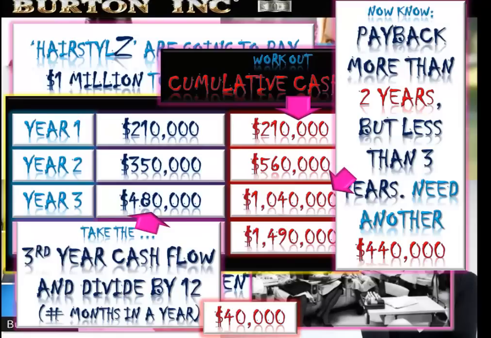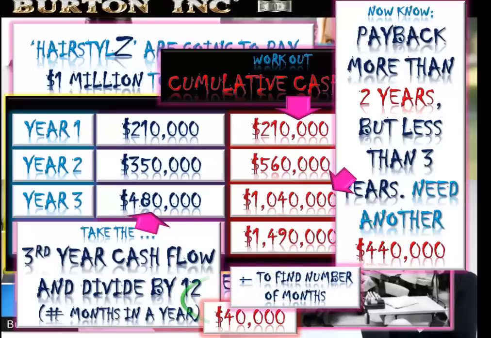We need another 440,000. 440,000 divided by 40,000 will give us the number of months to reach 440,000. So 440 divided by 40 is going to give us the number of months.